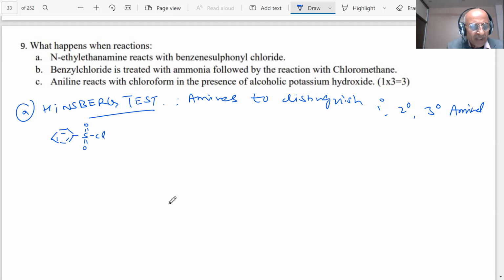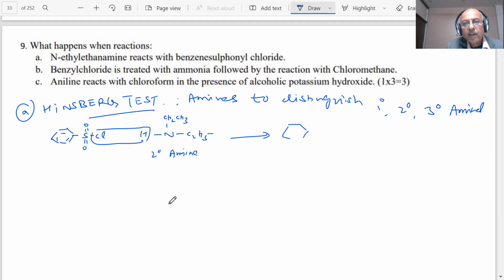N-ethyl ethanamine. N-ethyl, if I write N-ethyl, that will be C2H5. Ethanamine, what is ethanamine? Again, CH2, CH3. This is my 2 degree amine. It has only one hydrogen. So what happens when it reacts? This will be lost, student.